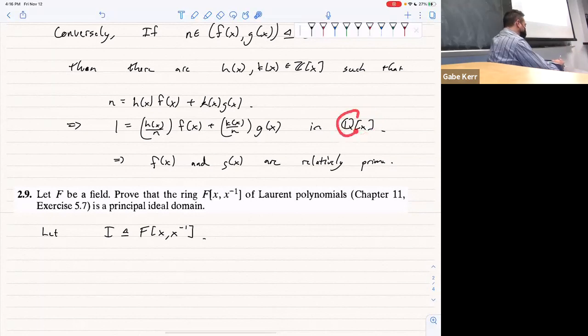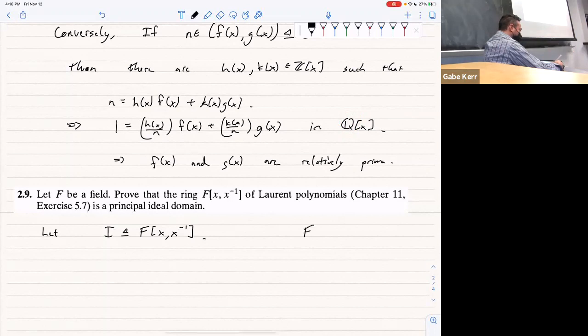But does it need to be rational? I need to have rationals here. Could I put something else, like reals or C? What else could I put? Good. I need a field.